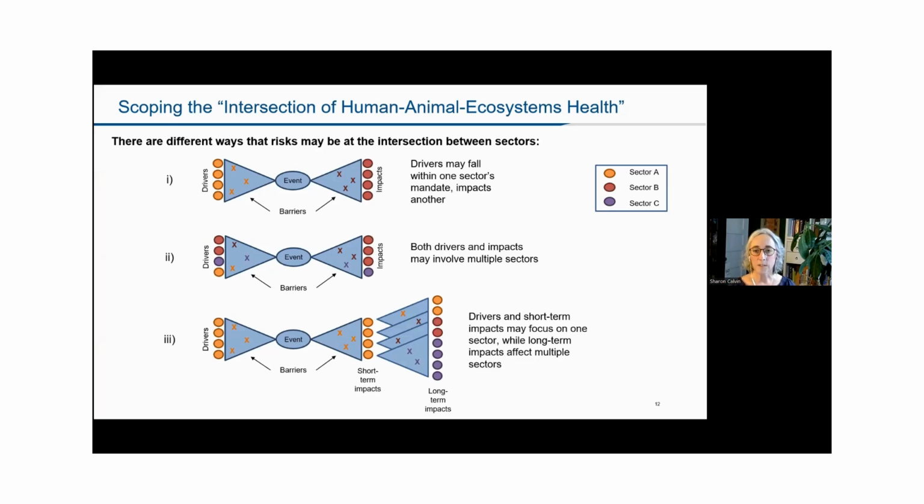This can be challenging because the sector that is really feeling the impacts may not have control over the mitigating measures, or may not have the information to assess the likelihood of the event. Whereas the sector that has control over the mitigating measures may not necessarily see the importance because the impacts aren't necessarily falling within their mandate.